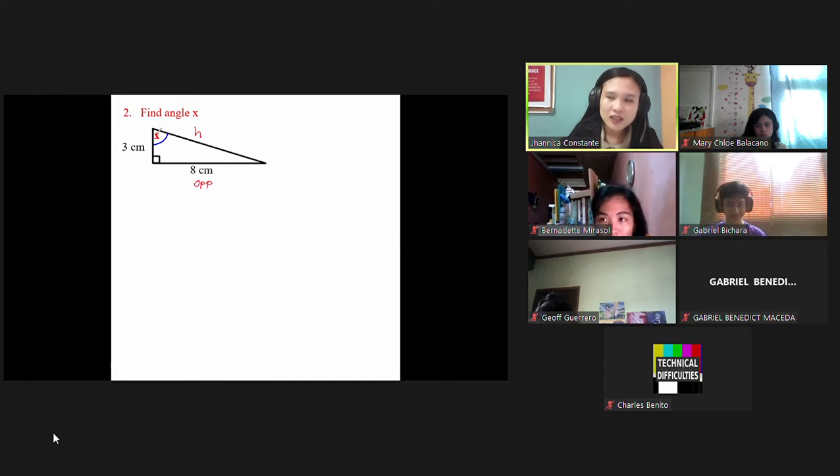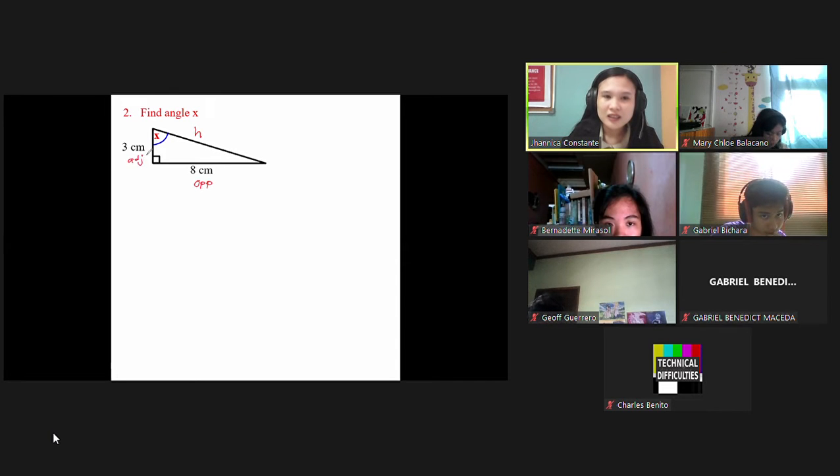The side connected to the vertex of the angle is your adjacent. So given the parts of the triangle on the screen, we have adjacent and opposite. So we're going to use the trigonometric ratio tangent.